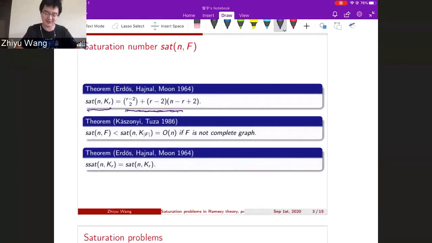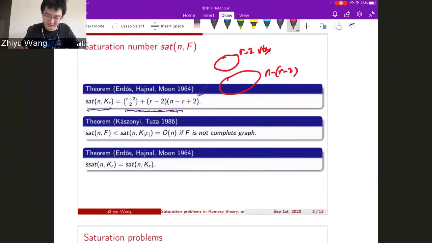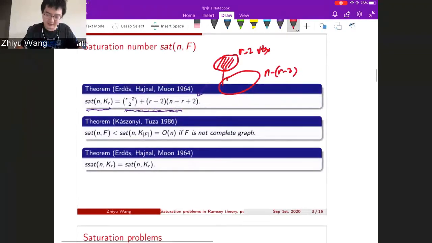It is easy to see where this number comes from. We take r-2 vertices, and the rest of the vertices number n-r+2. We put a complete graph within the r-2 vertices, and a complete bipartite graph between those r-2 vertices and the rest. That adds up to exactly this number, and it's easy to check that this is K_r-saturated.